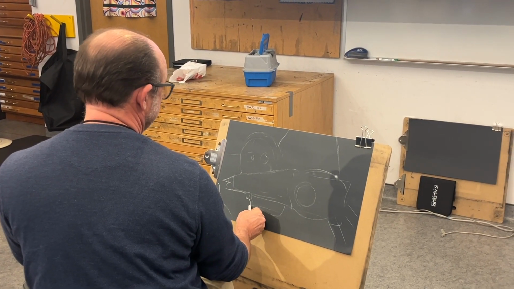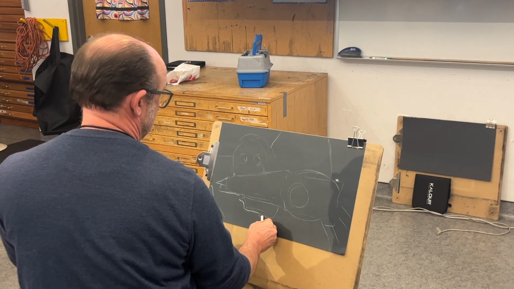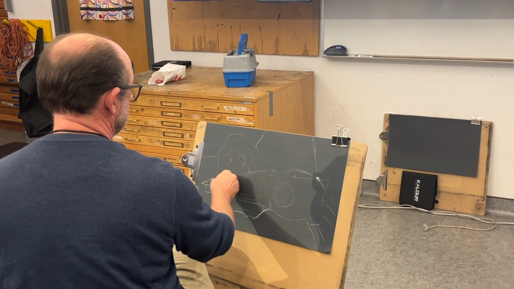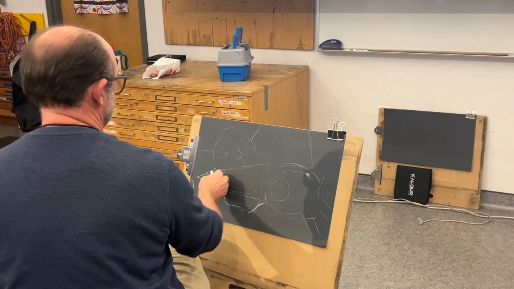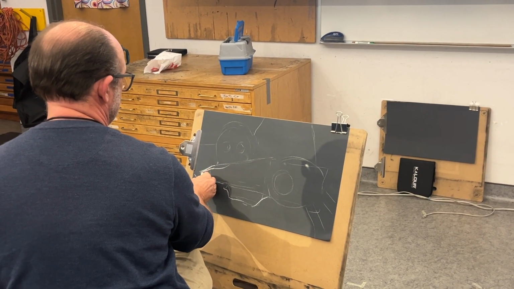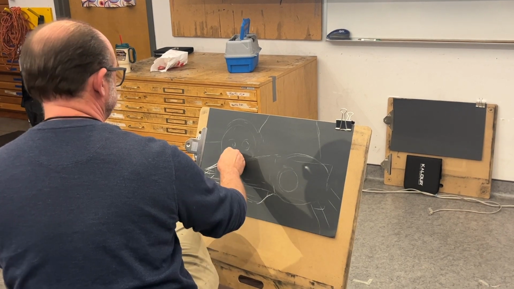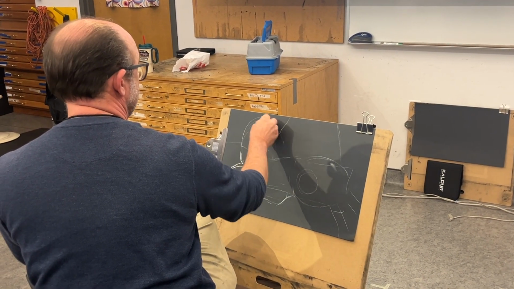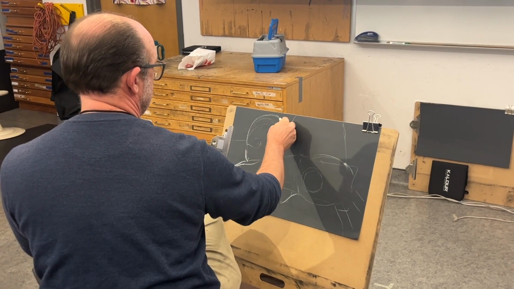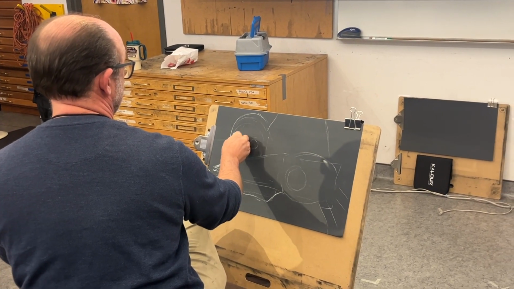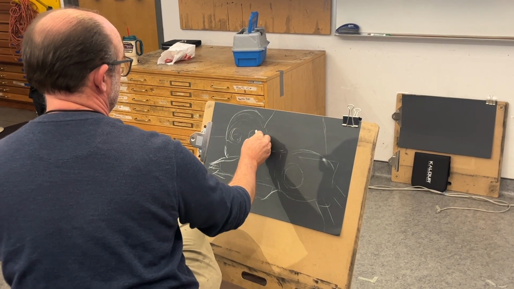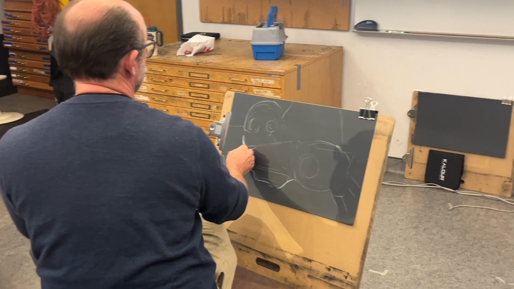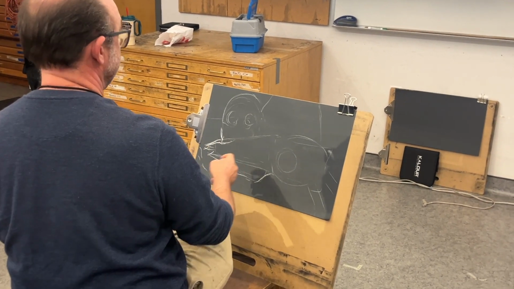And I'm just drafting better contour lines. That needs to move down. That's going to enable me to see. I think I need to move this up, which is going to move these up. And that way I'll be able to see more of the side of the face there.